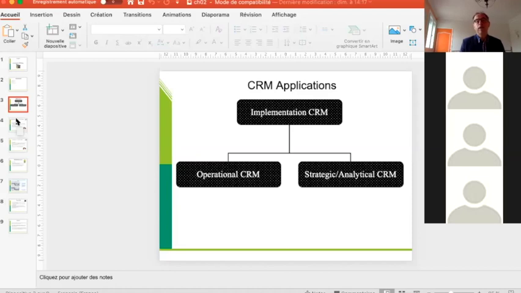Consequently, you have to decide to which customers you want to allocate mainly your resources. And so it's about resource allocation to the best, high economic value customers. And once you have established this strategy, you will think about how you would like to reach these customers. This is done by doing operational CRM.